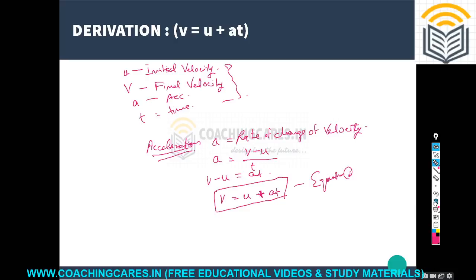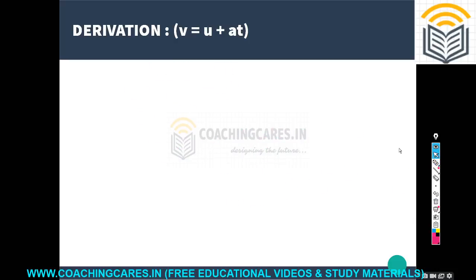Now let us understand further, on the next slide, the derivation of equation number 2, which is s is equal to ut plus half at square. We'll understand this by a graph.